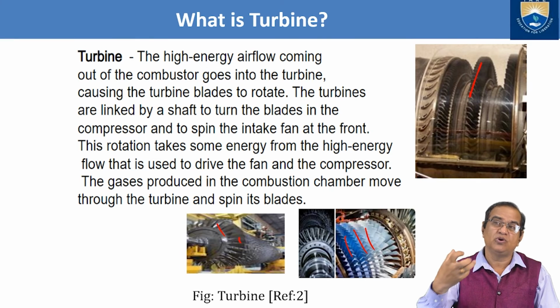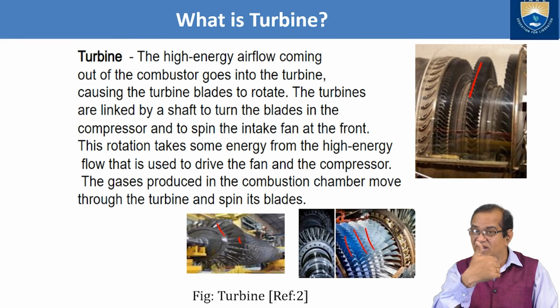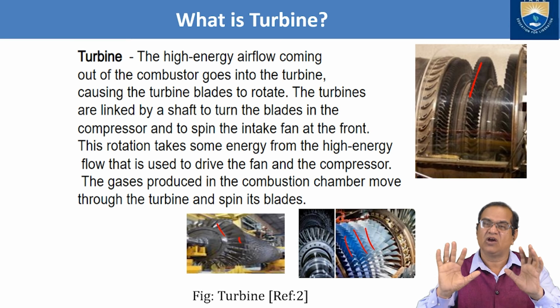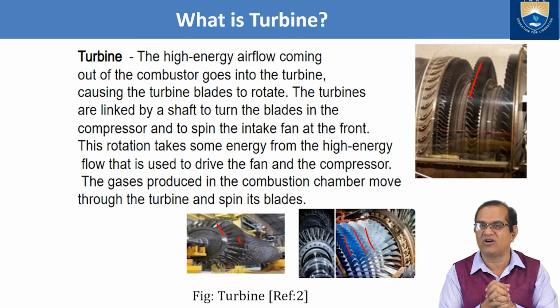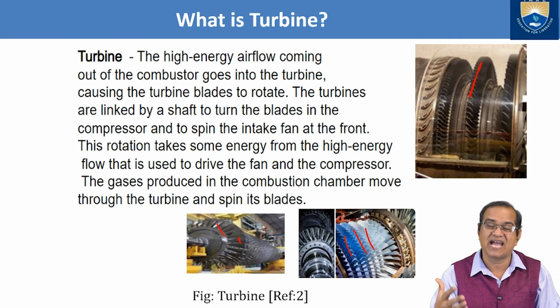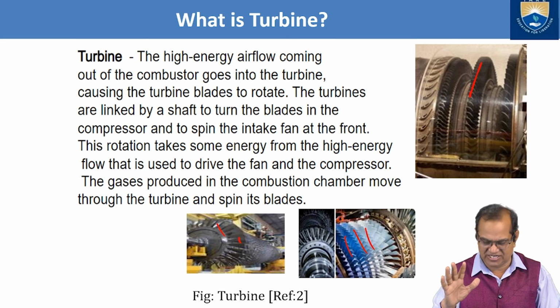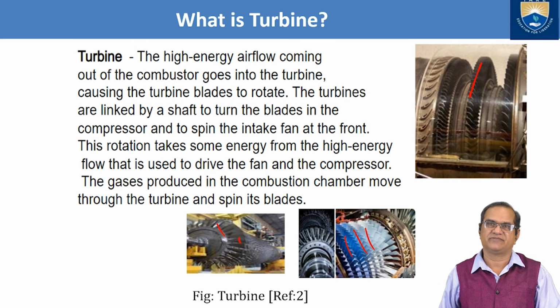Also this is used to give some additional kinetic energy. This kinetic energy will go to the nozzle and high velocity gases will flow from there. So the purpose is also to increase the kinetic energy, and when this kinetic energy enters the nozzle, it will produce a high thrust for the aircraft.